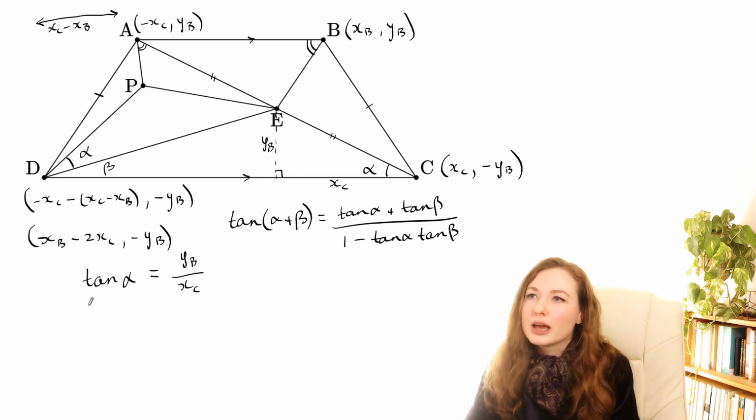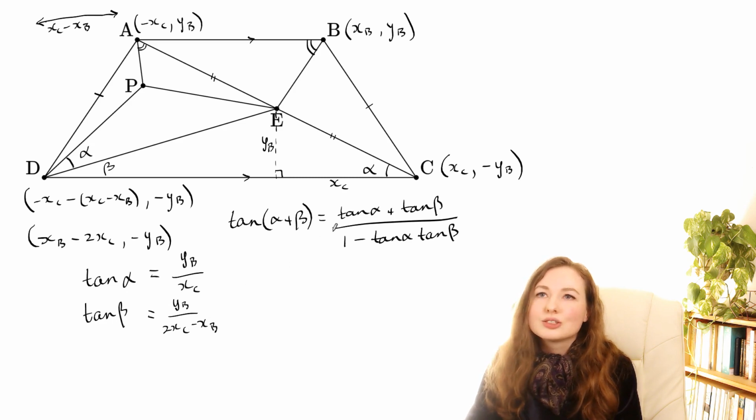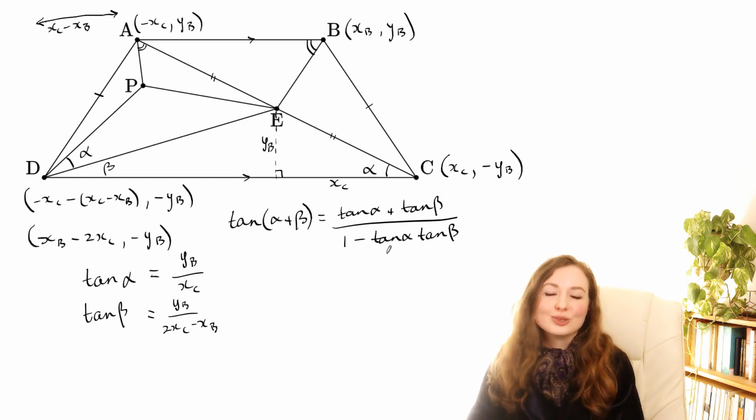And we've got tan beta as well. That's going to be yb over this distance, which is going to be the negative of this, because this is already negative. So that's going to be 2xc minus xb. So we can work out the slope of that line using this.